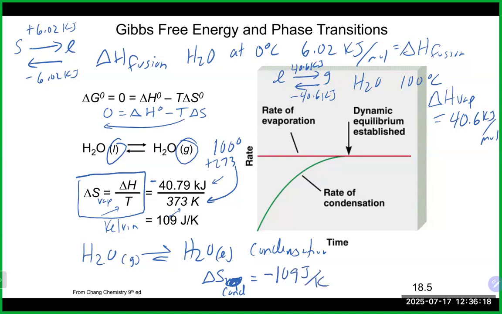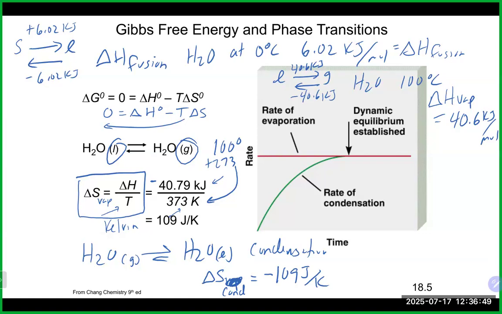That would also make sense because if we're going from gas to liquid, we're creating more order, and we would expect a delta S there to become negative. So you could do this in both directions. Value-wise, you'll get the same answer. The only difference will be the sign, to indicate whether it's gaining or losing order or disorder. Any questions on that there?